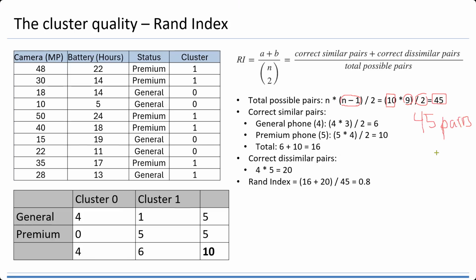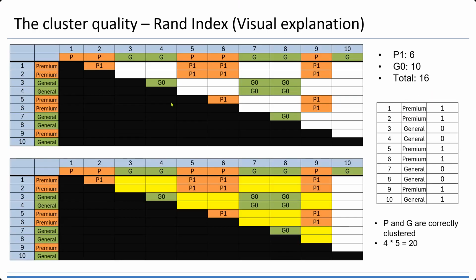So what does it mean by these 45 pairs? So I give you a visual representation. So like this one. This is data number 1. This is data number 2, data number 3, data number 4, 5, 6, 7, 8, 9, 10. So this is data number 1, 2, 3, 4, 5, 6, 7, 8, 9, 10.